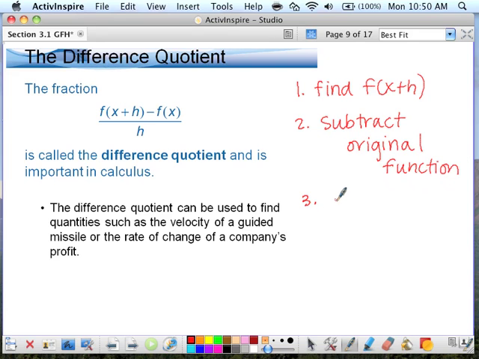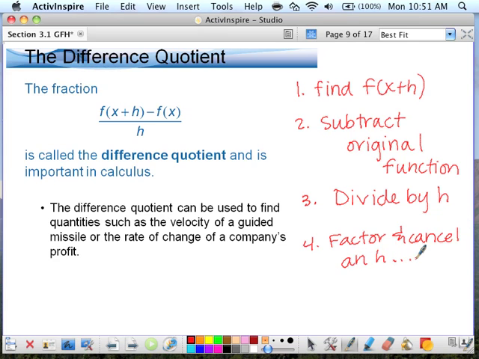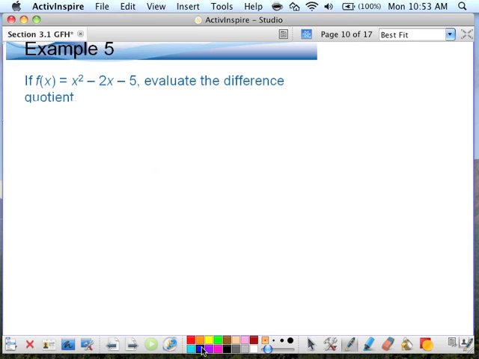And then finally, you divide by h. At that point, you should be able to factor and cancel an h. Once you factor and cancel an h, you're finished. That's how the difference quotient needs to go each and every time you do it. So you have to think of it as those 4 steps.